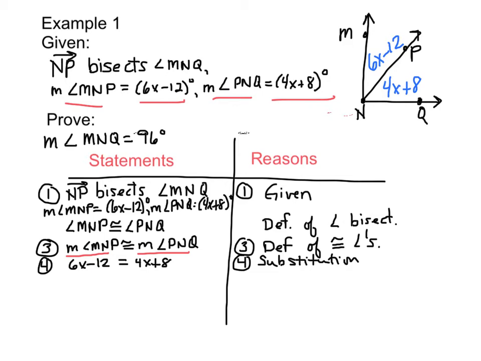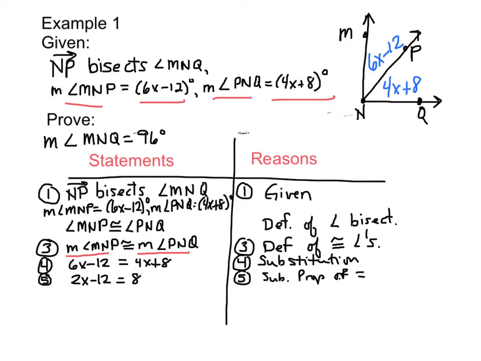Now you're going to solve your equation. Every single line has to be something different. We're going to run out of room here, but that's okay. So the first step is that we have to subtract 4x on both sides. And if you subtract 4x, you're going to get 2x minus 12 equals 8. What did we use? We used subtraction property of equality.